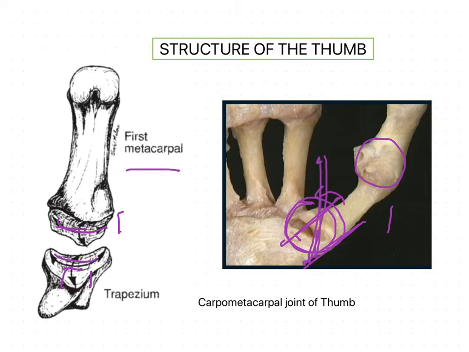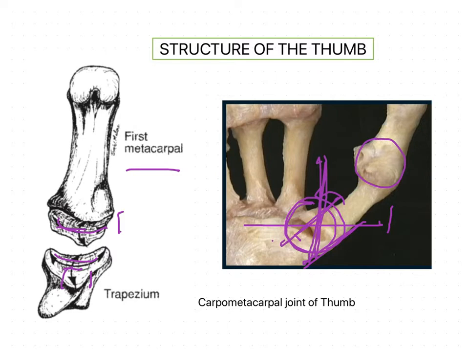The sagittal plane is like that. When this joint moves at right angles to the palm, it is taking place in the sagittal plane, that is abduction and adduction. They also found a convex surface in the frontal plane, and in this plane flexion and extension take place.